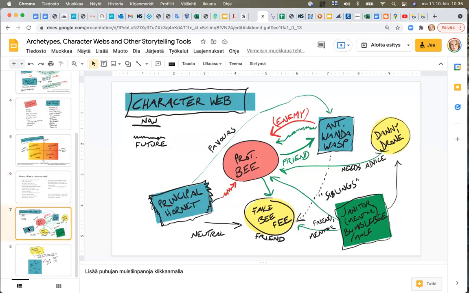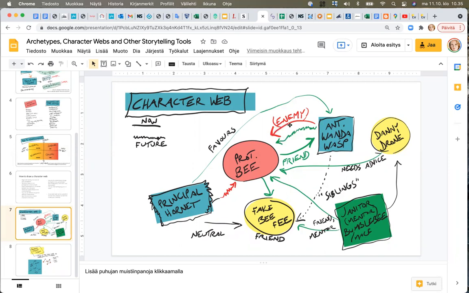For instance, here in this example, there's the protagonist whose name is B, and his friend is this Wonder Wasp. But Wanda is also an enemy, but to be, Wanda is a friend, but only Wanda knows that she's the enemy of B. So their relationship is troubled.